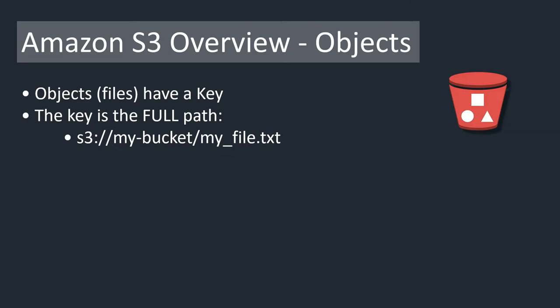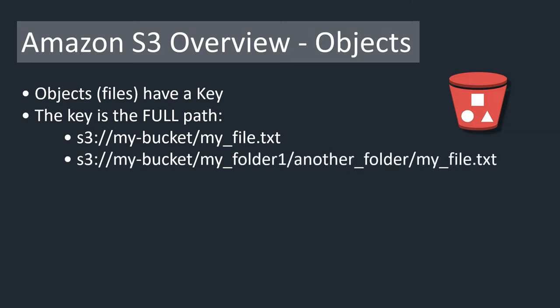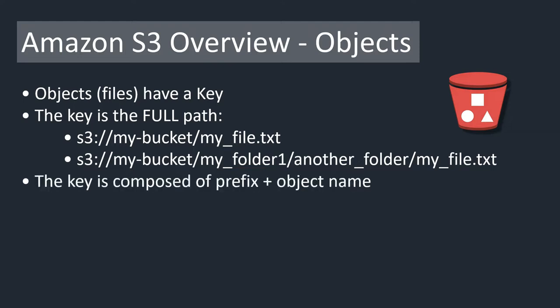But if we have folder structures within our S3 buckets, so my_folder1, another_folder, and my_file.txt, the key is the full path. So again, the entire thing is blue. And the key can be decomposed into two things, the key prefix and the object name.